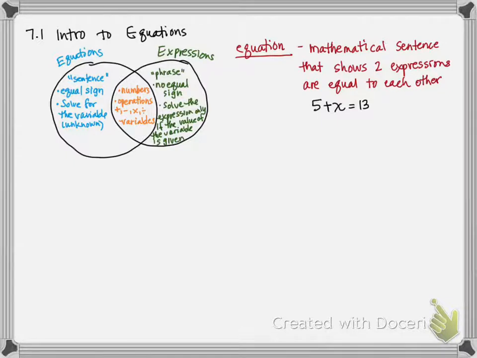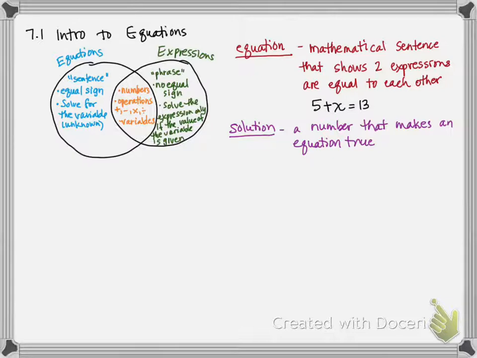So what would be a solution to an equation? So let's talk about that. A solution is a number that makes an equation true. So in other words, what's on the left equals what's on the right.